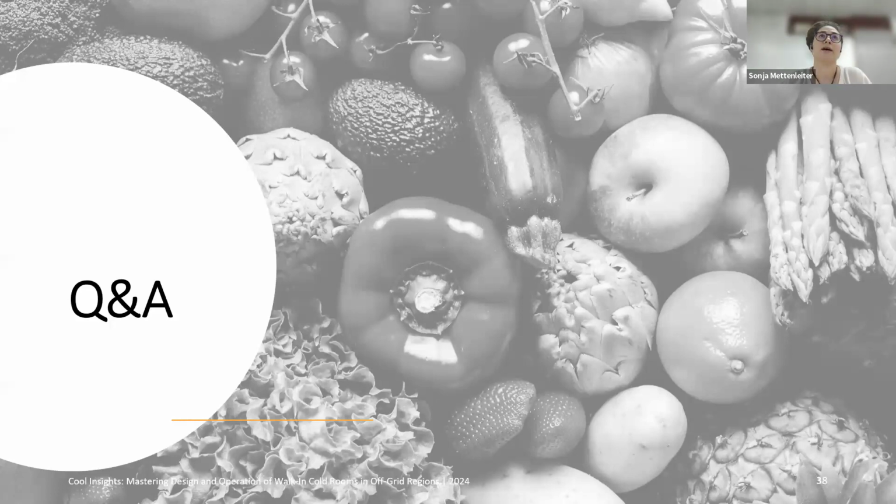And so this guide also is trying to help to make that decision. The concern about the smallholder application with a cold room is definitely a question that needs to be asked. For a single smallholder farmer that does not produce a high-value crop, my opinion is a cold room does not make sense.